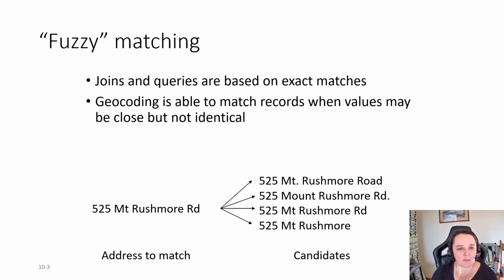This is a little bit different than other things like joins and queries that we've done, because those are based on exact matches. Say you have a table with the population of people by state.